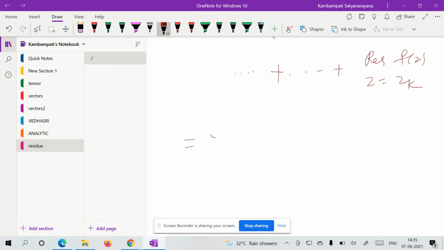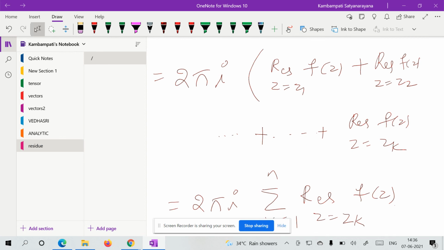Simply we can write this as 2 pi i into the summation of the residues of f of z at z equals zk, from k equals 1 to n. Write this step also in between.